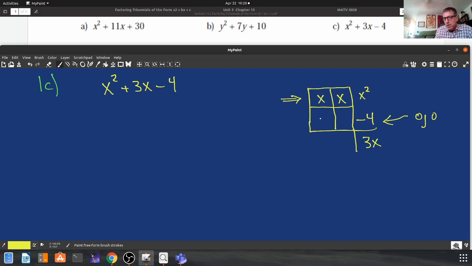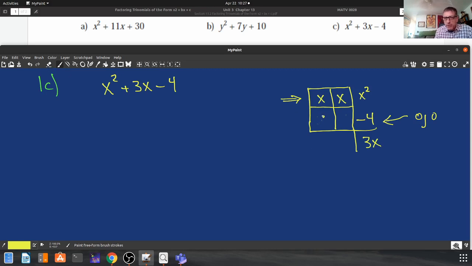So let's try 2 and minus 2. Well, then I'm going to get 2x minus 2x, and that gives me 0x. So that's not going to work. And I only have one other choice. My only other choice is 1 and 4, because those are the only way I can multiply two numbers to get 4, but this time I want it to be negative.